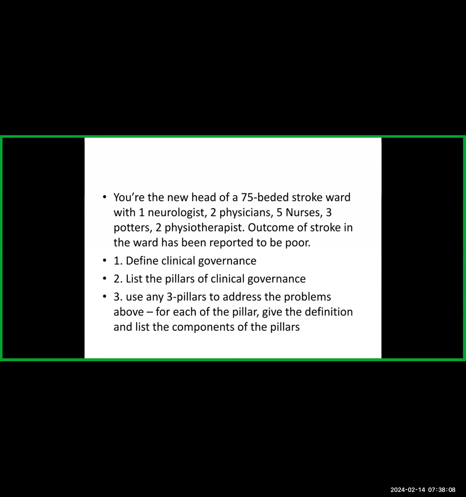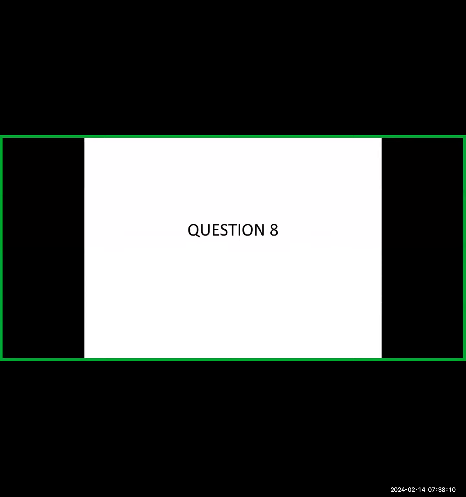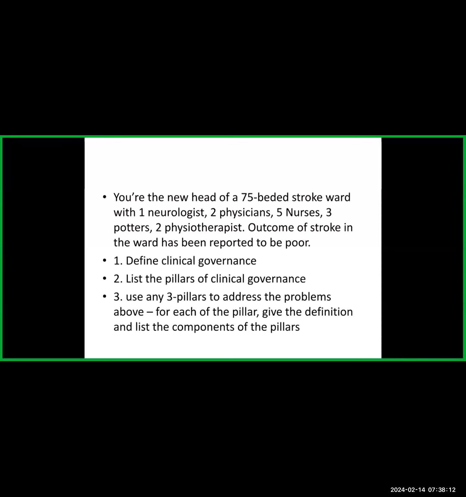Good morning, everyone. I'll be attempting question number 8. The question says, you are the new head of a 75-bedded stroke ward with 1 neurologist, 2 physicians, 5 nurses, 3 porters, 2 physiotherapists.